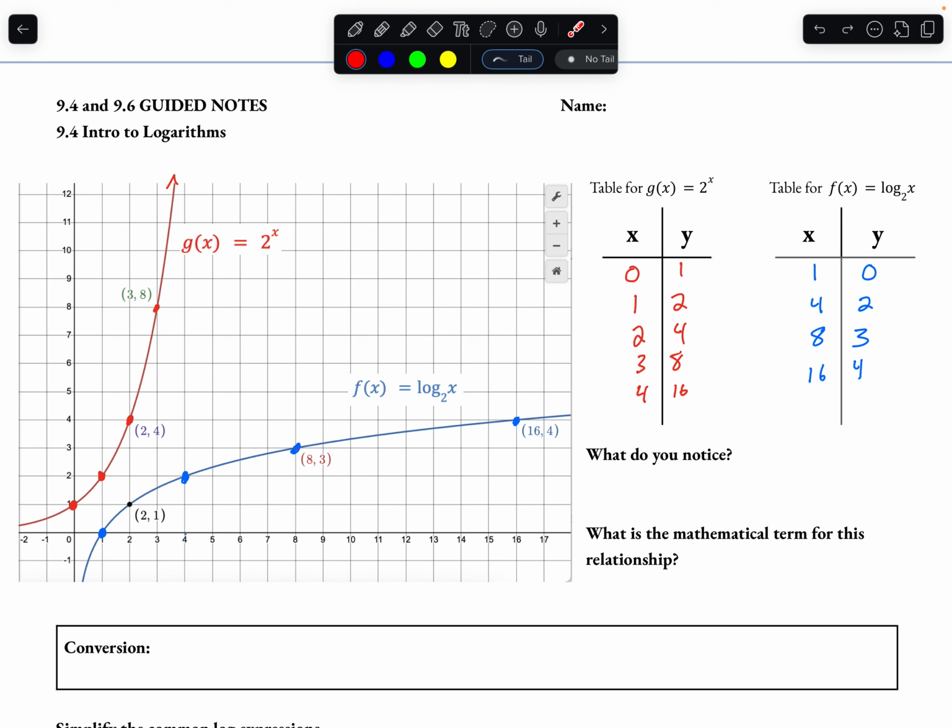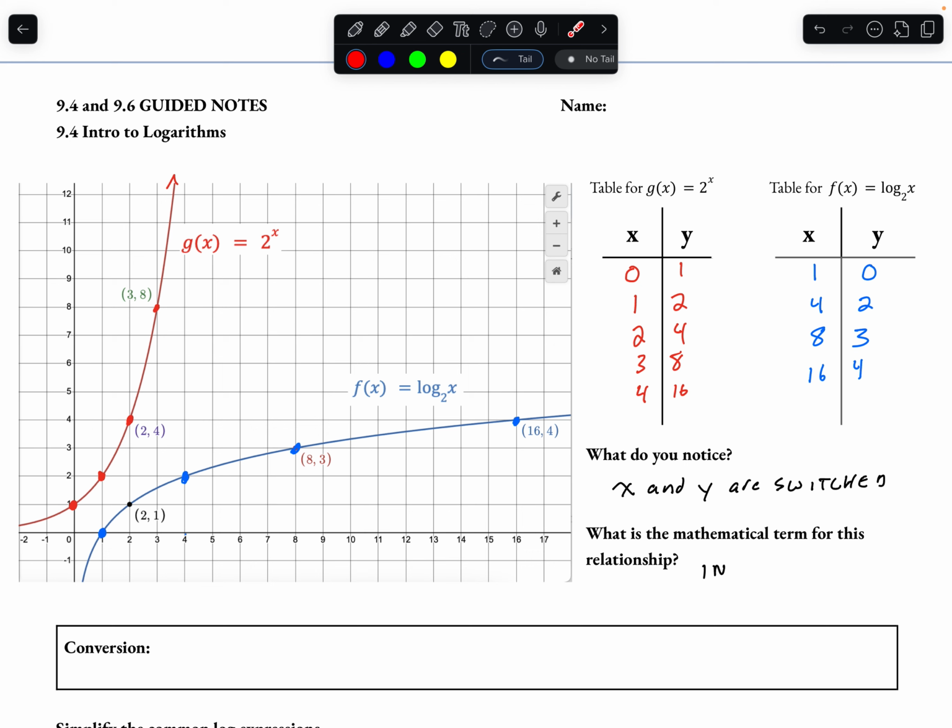So what do we notice about this relationship and this relationship? 1 to 2, 2 to 4, 4 to 2, 3 to 8, 8 to 3. Okay, and what do we notice here? Well, we notice that the x and the y values are switched. So what is our mathematical term for switching the domain and the range?